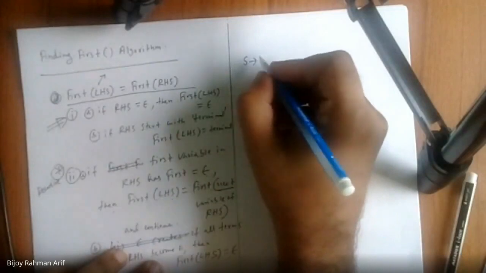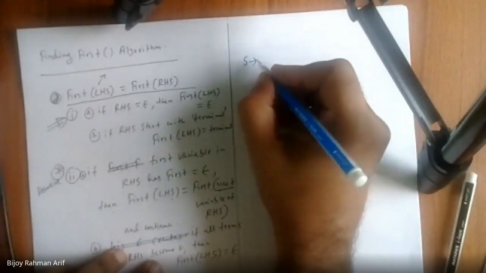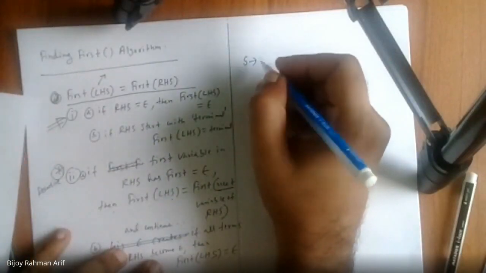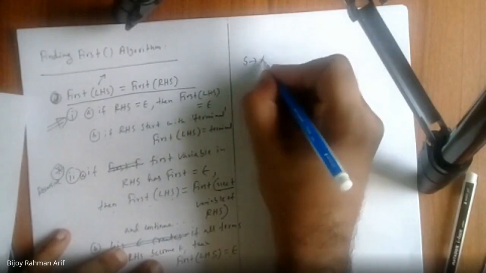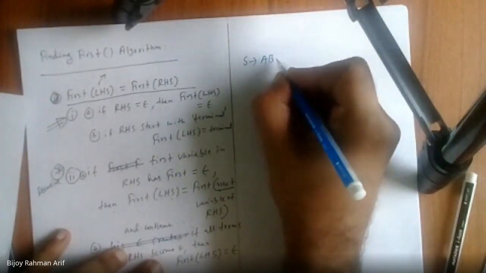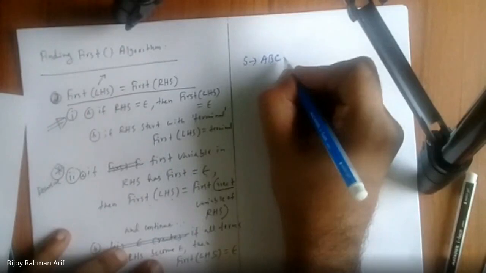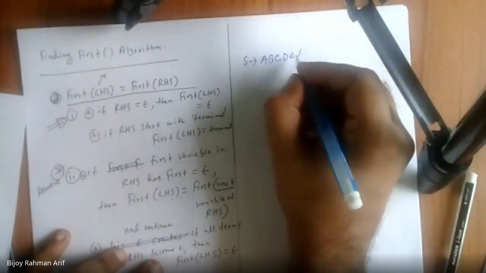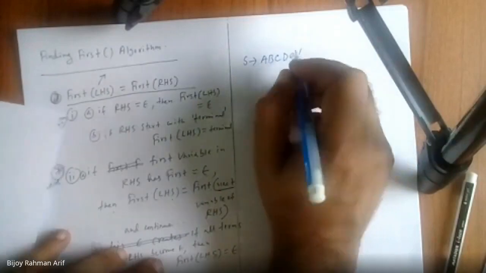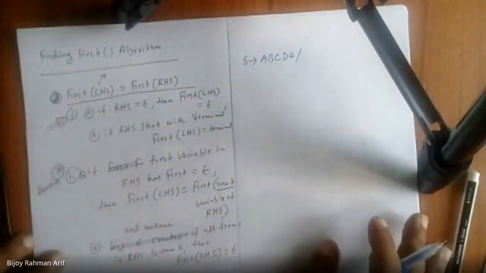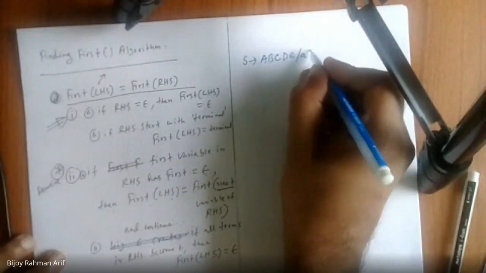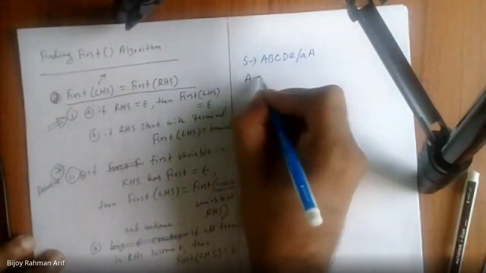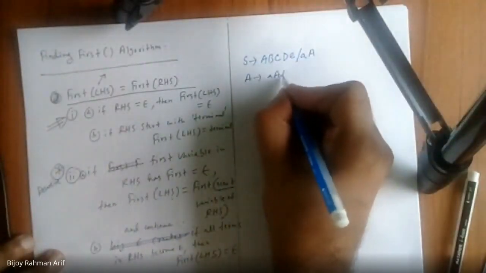S derives A, B, C, D, E, or D or AA. A derives AA or epsilon.